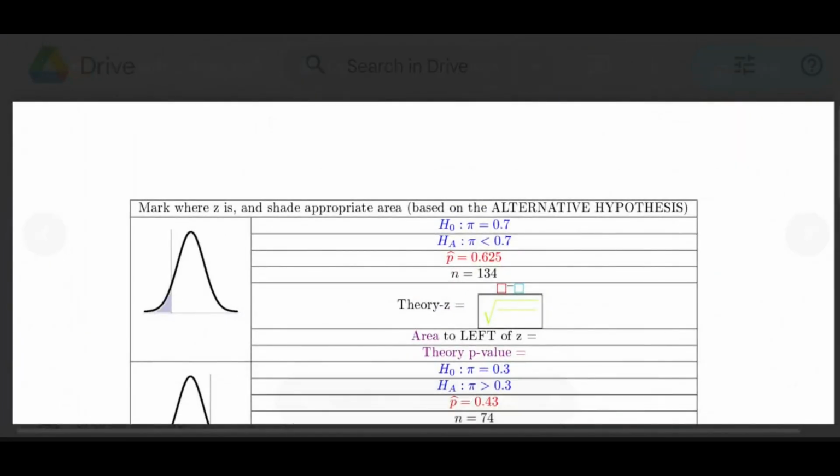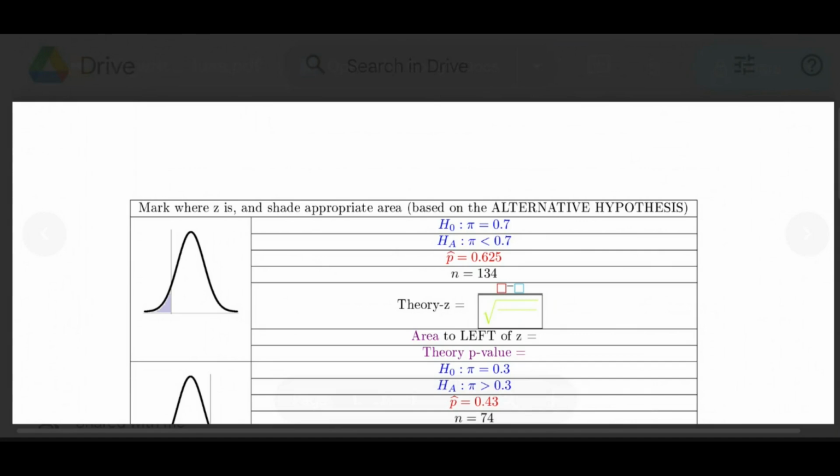Do you want to write down? It's going to be P. It's giving you values, so we're going to put the numbers in. It's going to be 0.625 minus 1. Remember, theory Z is red minus blue. It's 0.7.